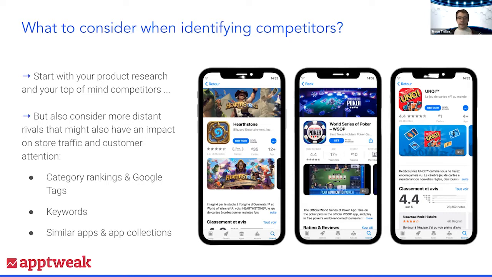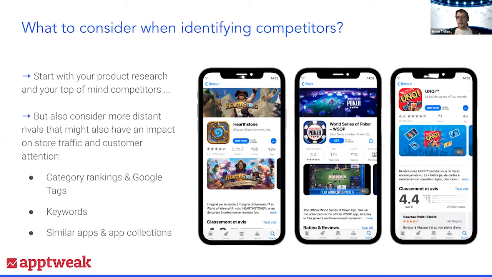If we're also looking at Google tags specifically for the Play Store, looking at who else is using the same Play Store tags, we can also be discussing keywords. Obviously, card games might also be a keyword, online card game, and so on. And so these generic keywords might be targeted by competitors you didn't think about.